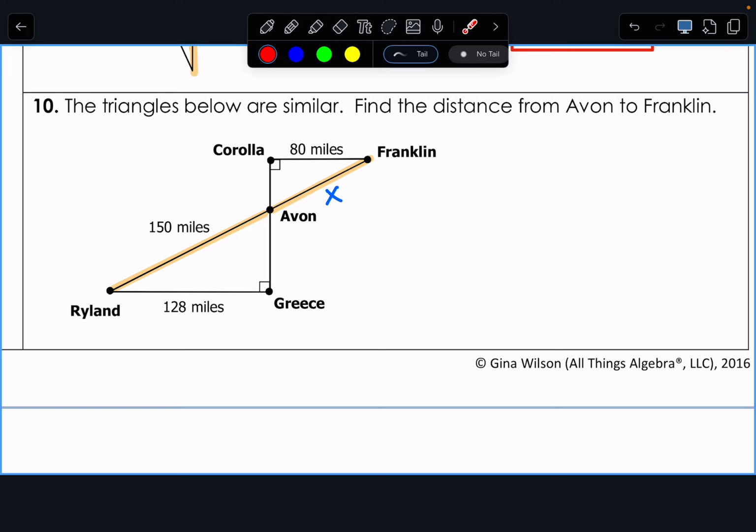Do you know what a hypotenuse is? Have you heard that word? You've never heard of a hypotenuse yet? Okay, we'll learn it next semester. All right, so then we also have, do you agree that 80 and 128 are corresponding in those similar triangles? Yes. Okay.